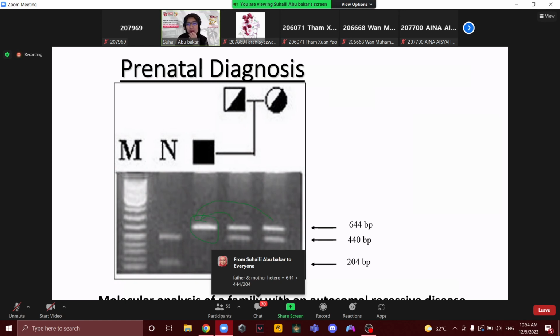Okay, now, what type of PCR can we use for this analysis? We have different lanes, so what type of PCR? Real-time PCR?